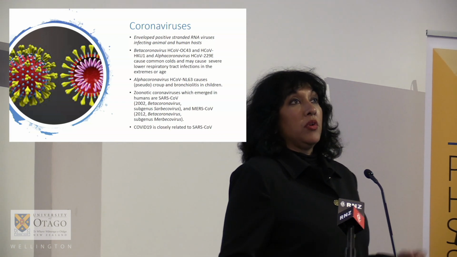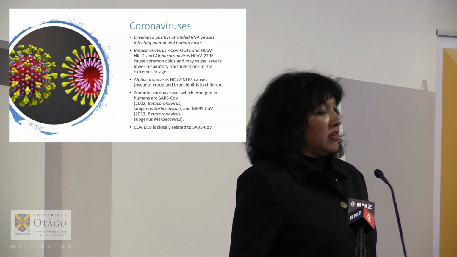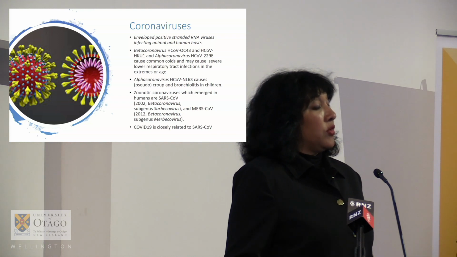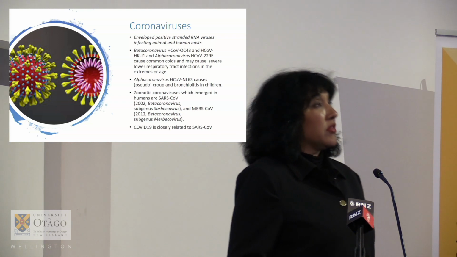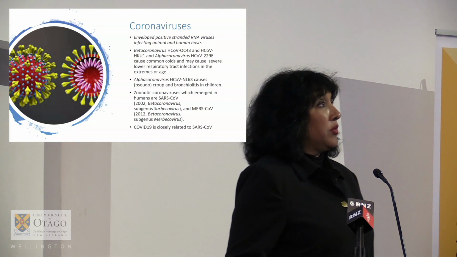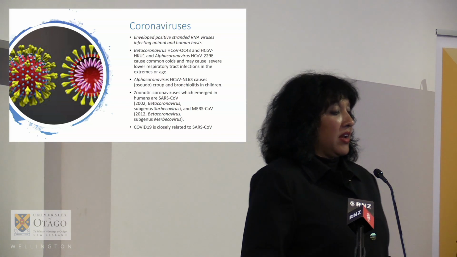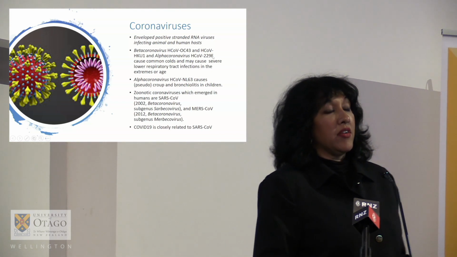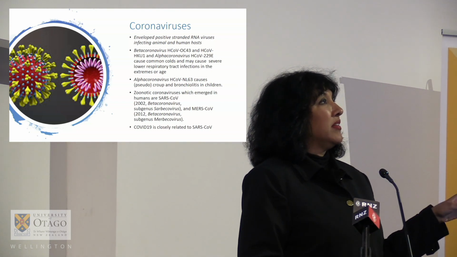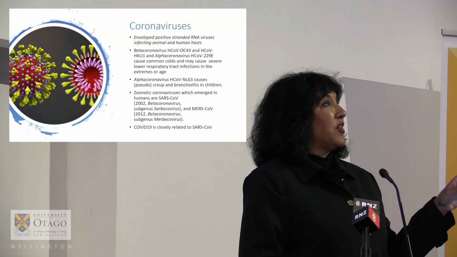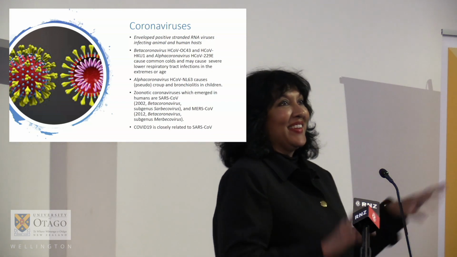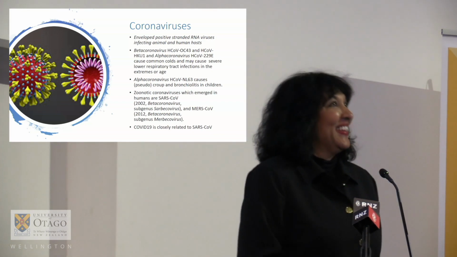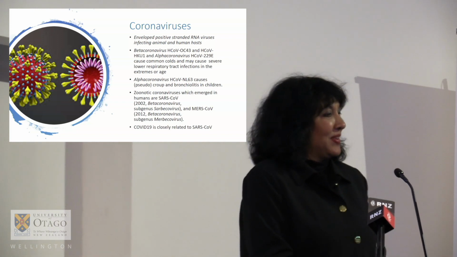There have been 2 zoonotic coronaviruses that have emerged, in SARS in 2002 and MERS coronavirus in 2012, and this COVID-19 is closely related to SARS coronavirus. If you tried typing in 2019 nCoV, it's really difficult to type, isn't it? Because it's like on extreme ends of the keyboard.